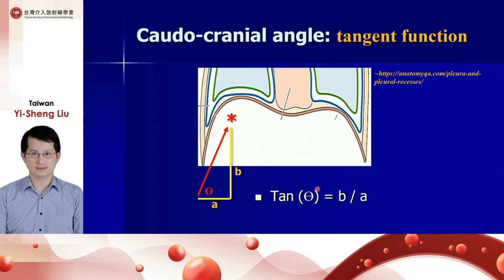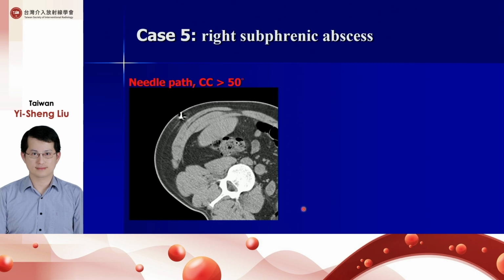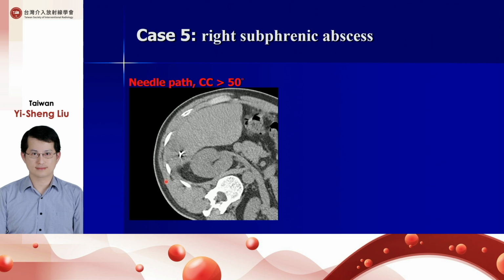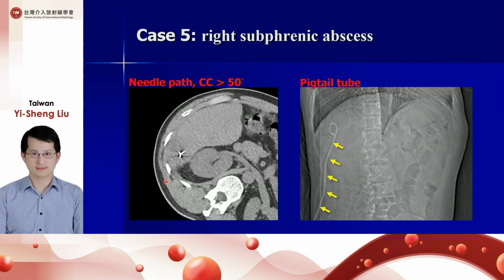Then we can know what the caudocranial angle should be. So this is the real story of this case. The skin puncture site is here, and the caudocranial angle is more than 50 degrees. And the drainage tube was inserted smoothly. And the most important thing is it was not a transthoracic route.